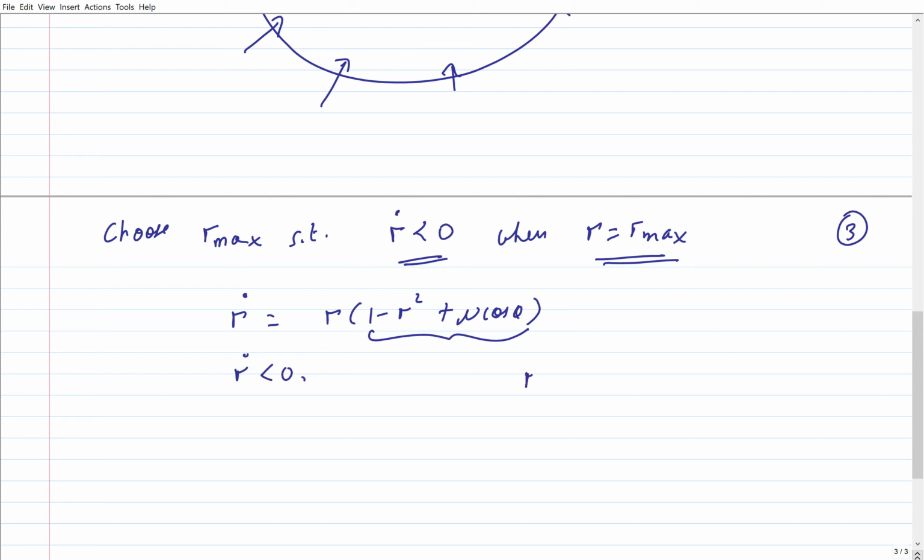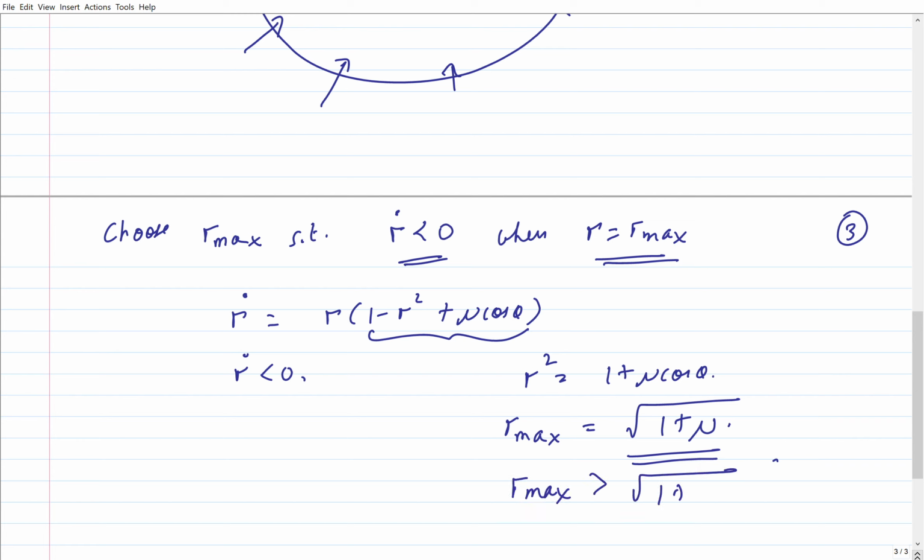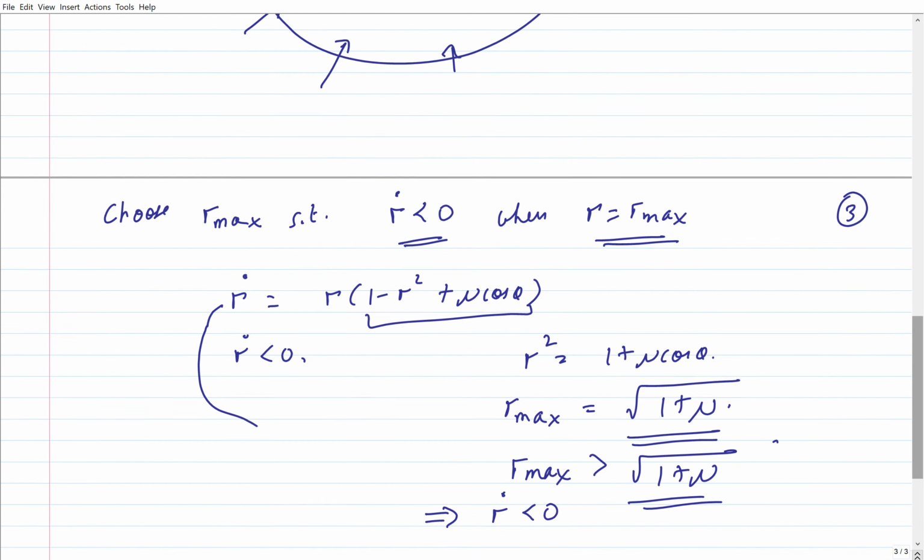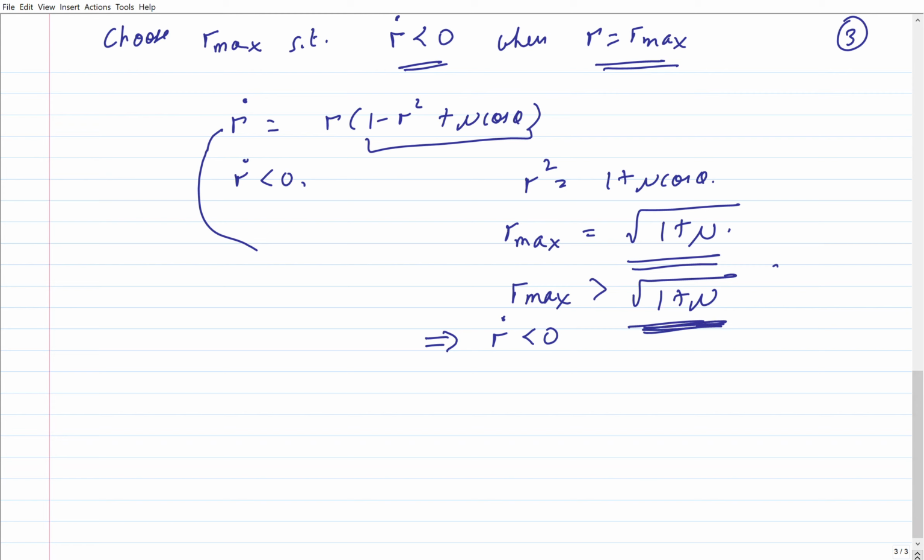So I just put r squared equals 1 minus mu cosine theta. For maximum, I'll have r max. So as long as r max is greater than this value, it will ensure that this is negative and r dot will be less than 0. So any r max greater than square root of 1 plus mu would do.